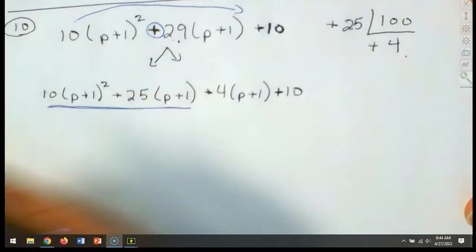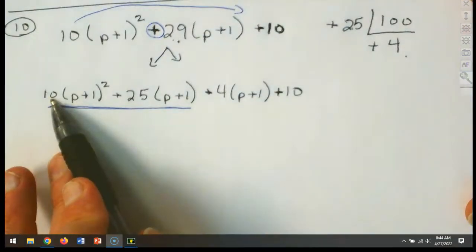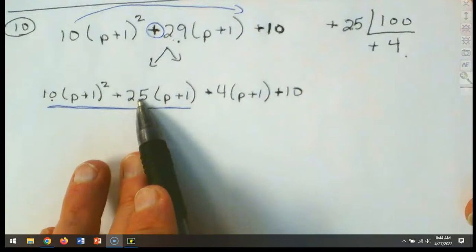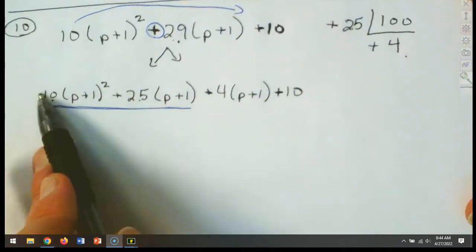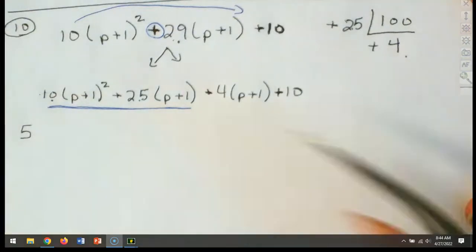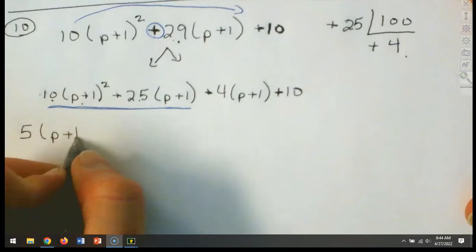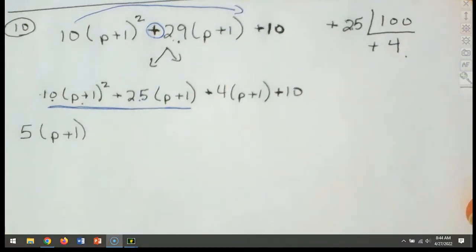Okay, and so the first two pieces, let's look at the numbers out in front. We have a 10 and we have a 25. So 10 and 25 have a 5 in common. They also have a p plus 1, so that's going to come out. You can use parentheses again, or you can use square brackets.